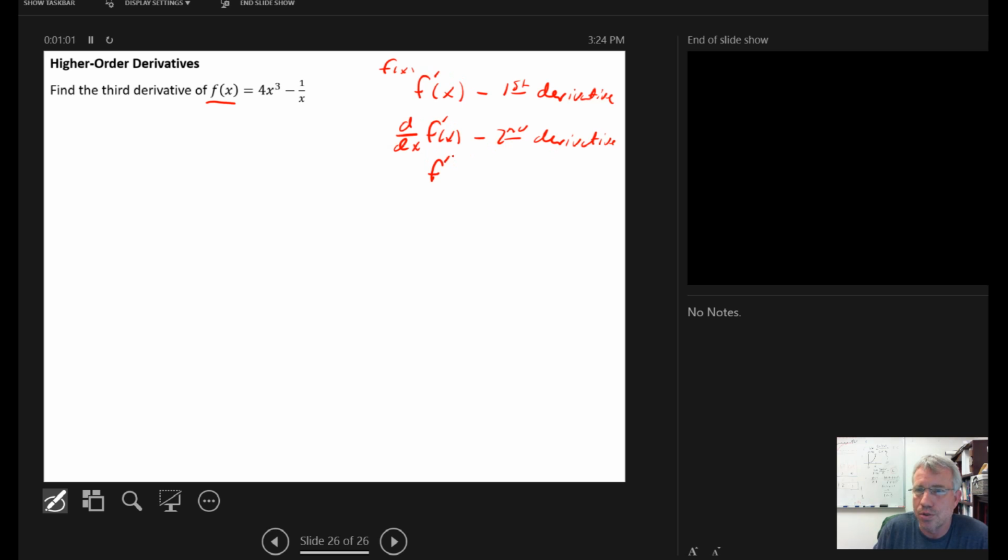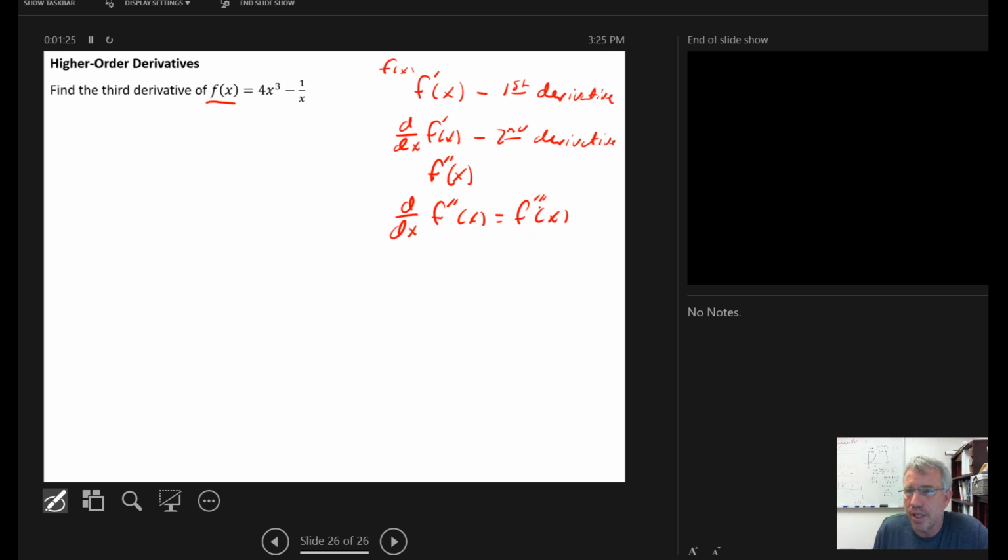The notation you use then is f double prime of x. Here was f prime of x, f double prime of x. If we wanted the third derivative, we would take the derivative d dx of f double prime, which would give us f triple prime of x.